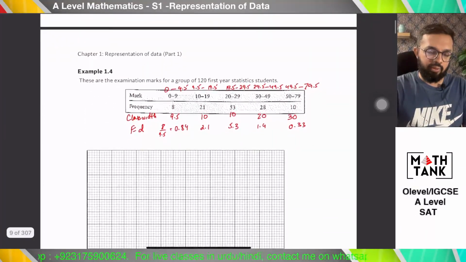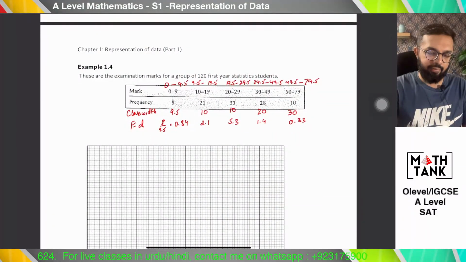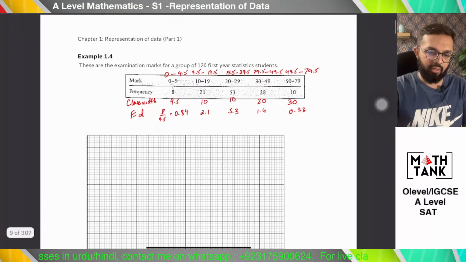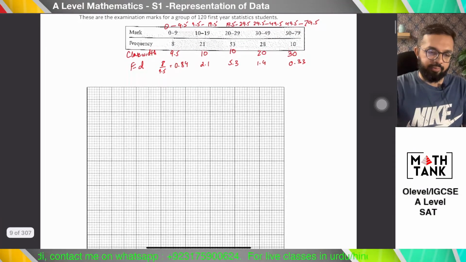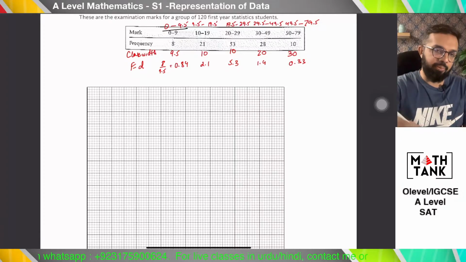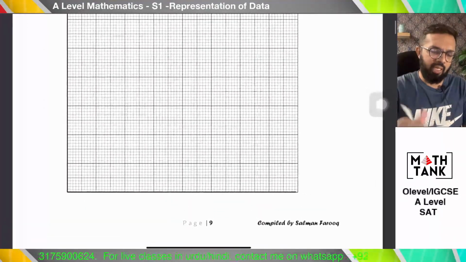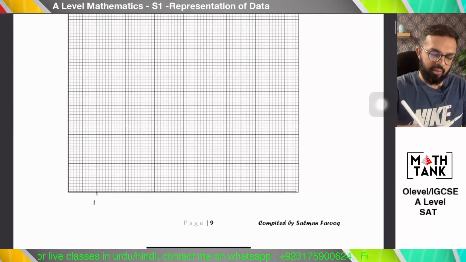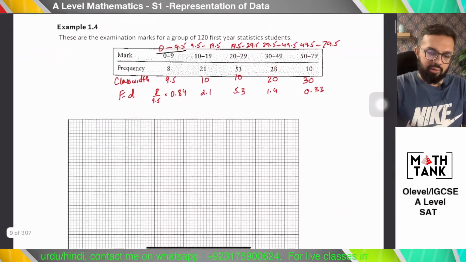Now, when I'm drawing this histogram as well, पहले तो मैं axis बना लूँ अपनी. What I have to notice is कि मुझे जो bars बनानी है वो 0 to 9.5 बनानी है. Okay, मैं अपनी axis तो normally mark करूँगा. मैं कहूँगा I need to go up till 80.